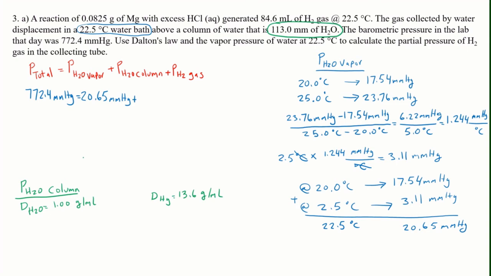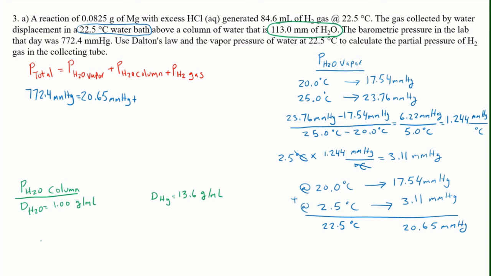If I look at the difference between mercury and water, mercury is 13.6 times heavier than water. So in order to convert from millimeters of water to millimeters of mercury, I need to divide by the factor of 13.6, the ratio of their densities.